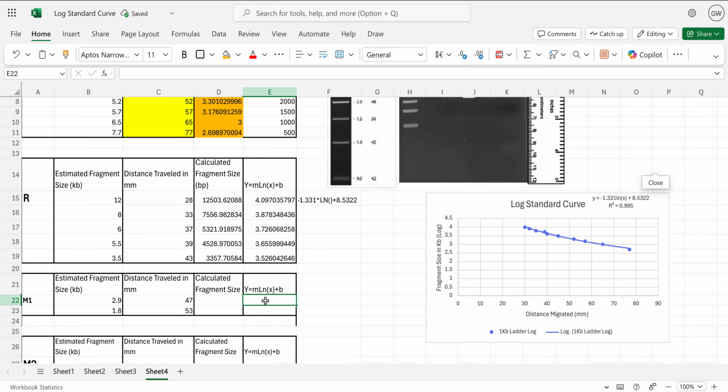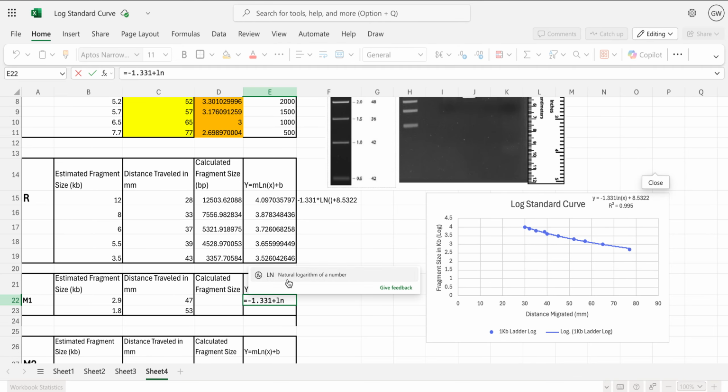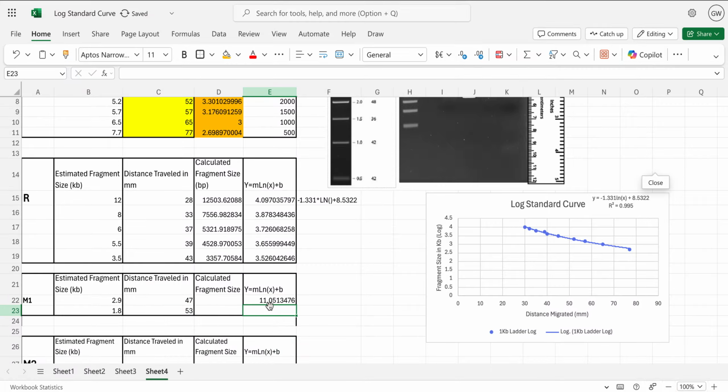So go down here, equals negative 1.331 plus natural log of the distance traveled plus 8.5322. There we go. Drag that down. And then 10 to the, equals 10 to the right there.